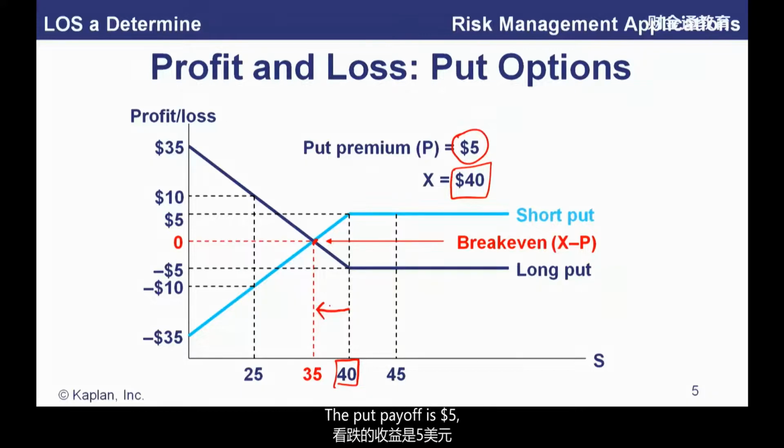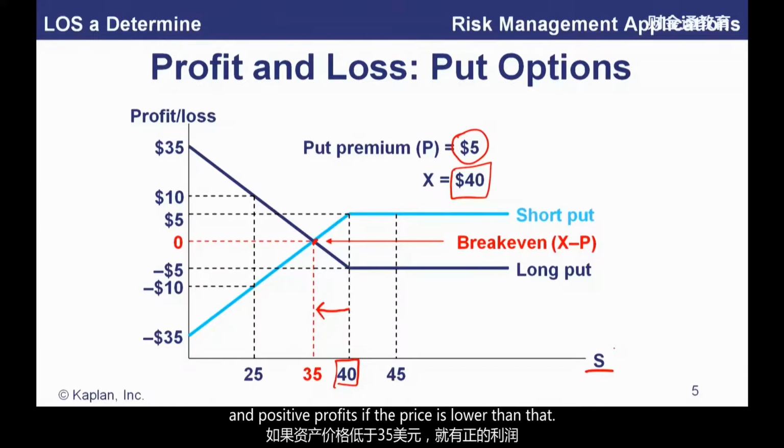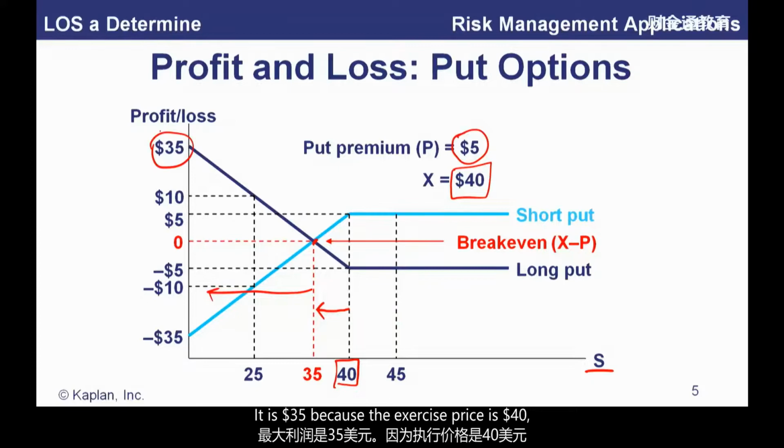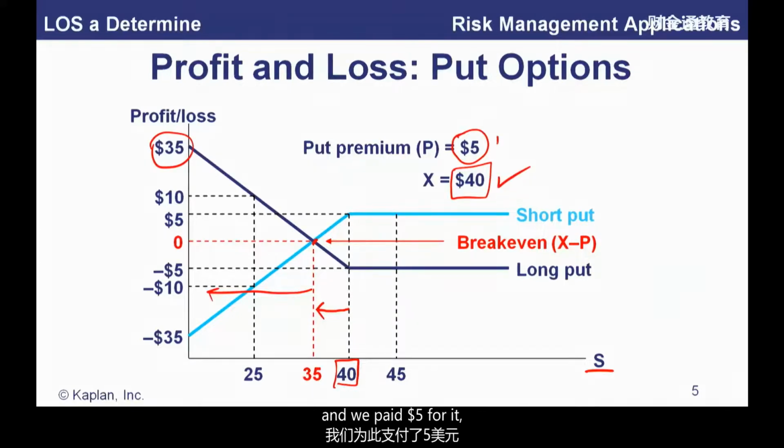The put payoff is $5 if it's $5 in the money, and with a $40 exercise price, it's $5 in the money if the asset price, stock price at expiration is 35, and positive profits if the price is lower than that. Now, what is our maximum profit here is 35 because the exercise price is 40 and we paid 5 for it.